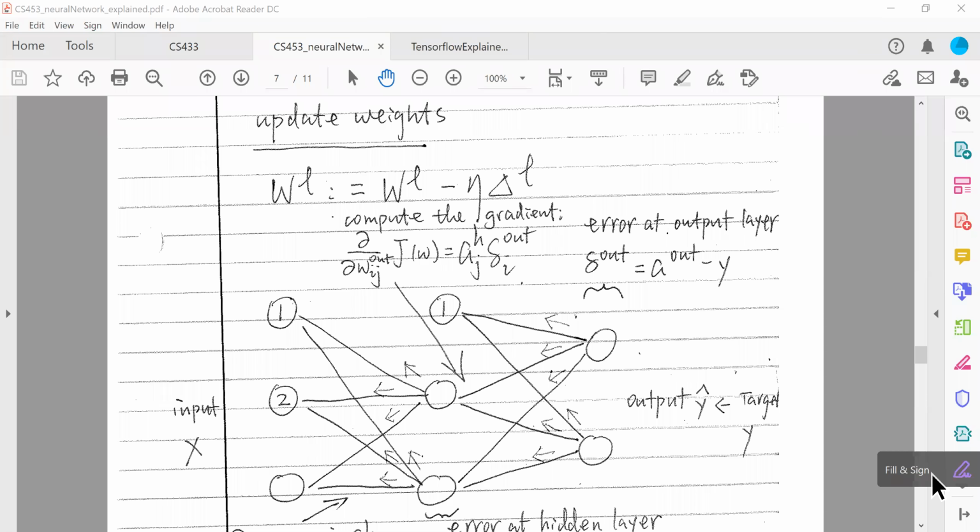Put it here. Last class, we discussed neural networks, multi-layer, the artificial neural network, ANN. You will see that a lot, or multi-layer perceptron, MLP.